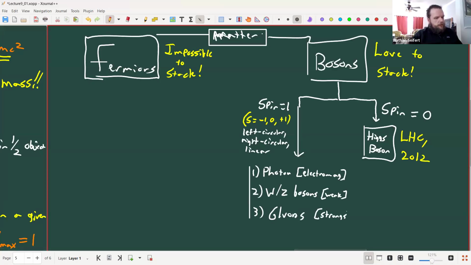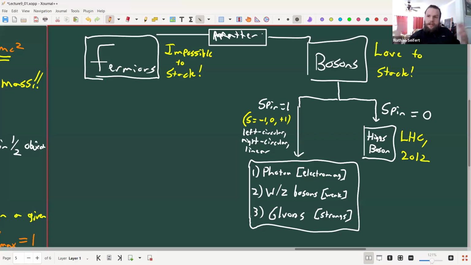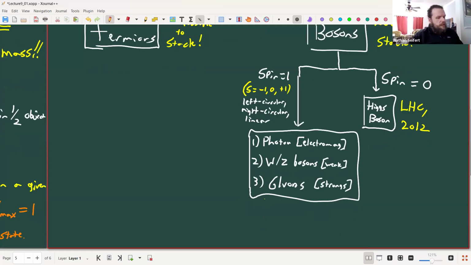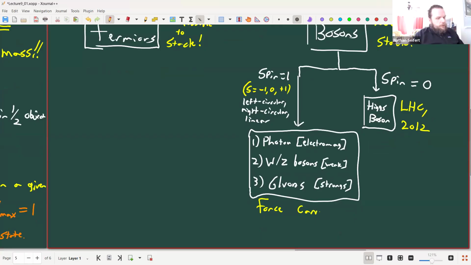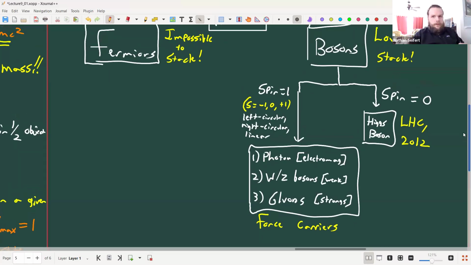So the force carriers are all bosons, and they all have what's called spin, meaning that there's different ways to polarize them. You can have left circularly polarized force, right circularly polarized force, and linearly polarized force. So light is the best way to think about this. All the force carriers are bosons, and that should make sense, because if you want to make a stronger force, you have to stack more force carrying objects together, and you better hope that they can all stack together. So all our force carriers are bosons.